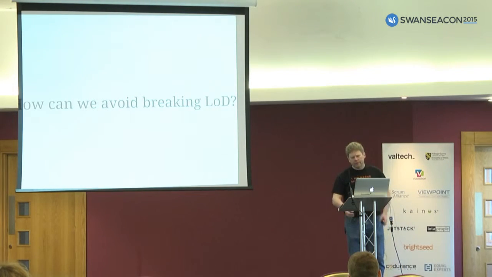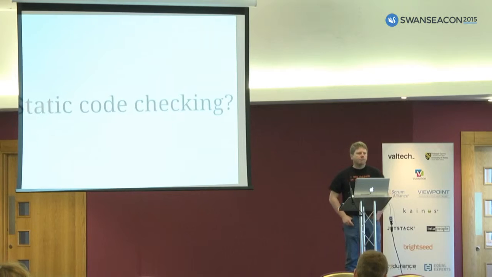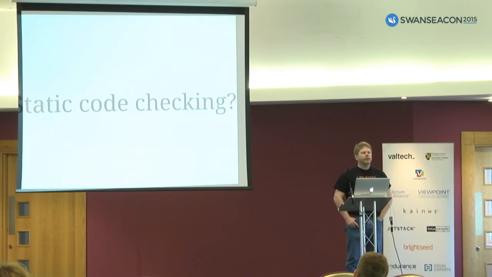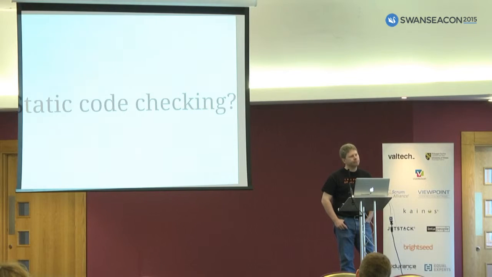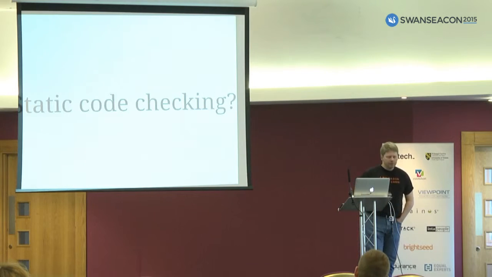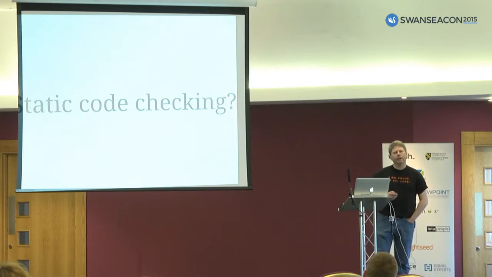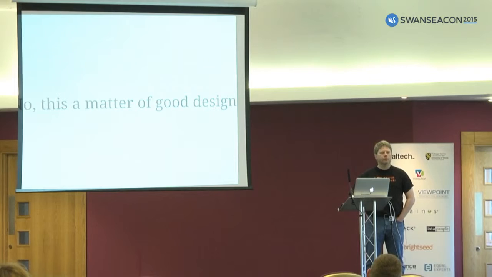So, how can we avoid this? Well, to start with, static code checking. Do we do that? Probably. Or, I don't know. This is an instance of design, a good design.